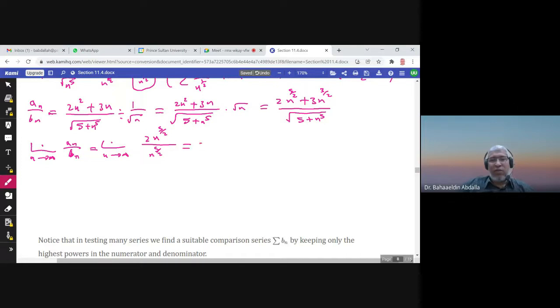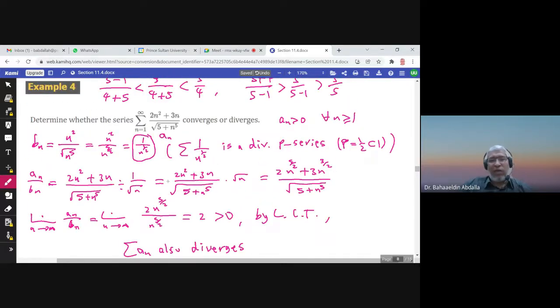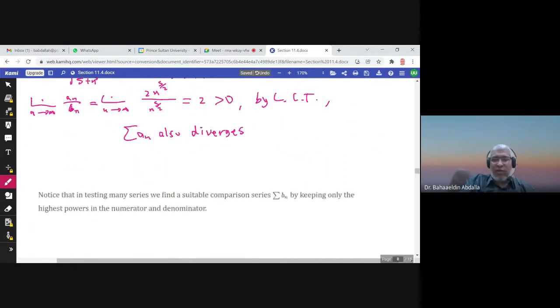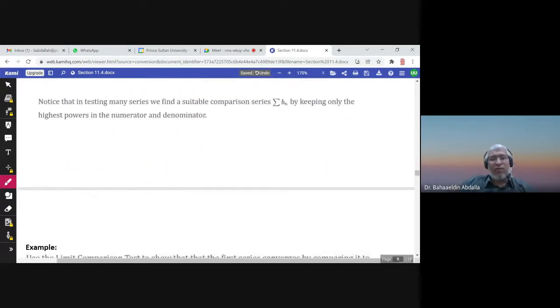So the limit would be 2, and 2 is greater than 0. So by limit comparison test, summation An also diverges because summation Bn is divergent. So summation An would be divergent because the limit of An over Bn is greater than 0.